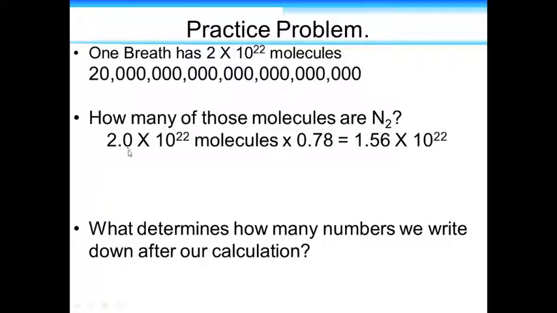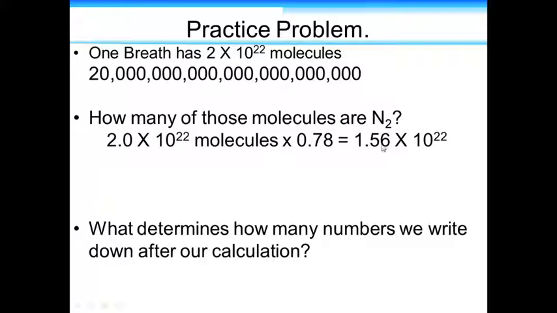I added an extra digit here that should not have been there. But 2.0 times 10 to the 22nd molecules times 0.78. The answer that comes from our calculator is 1.56 times 10 to the 22nd molecules of nitrogen out of 2 times 10 to the 22nd. The majority are nitrogen. But now, do we write down every single number?